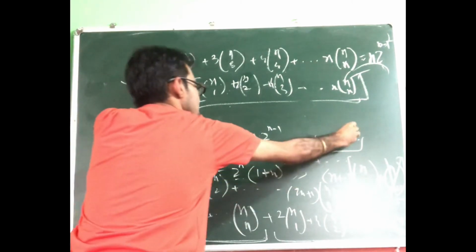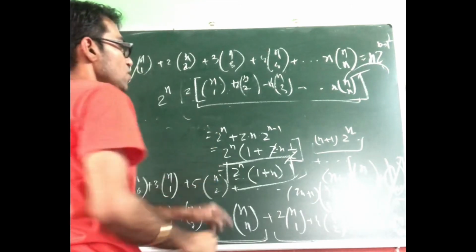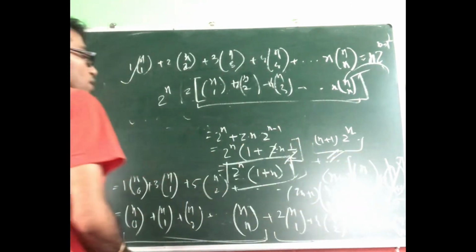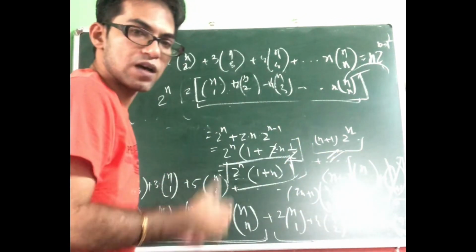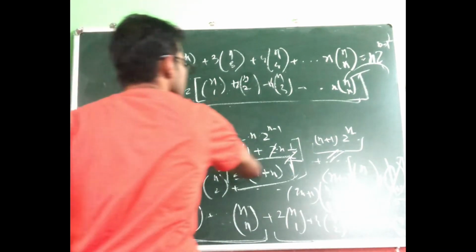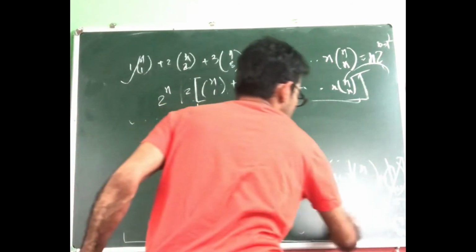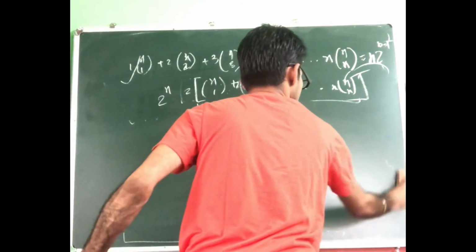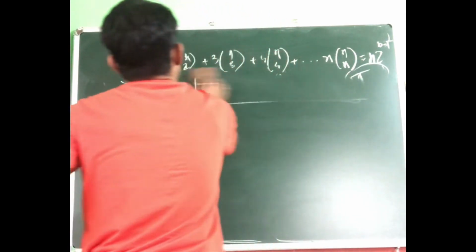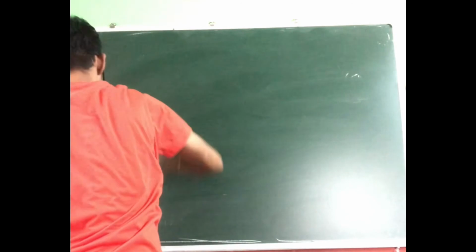So 1 plus n, this is what I have got now, and this is exactly what I am required to prove. So we are done. So this is how we need to do problems involving induction.